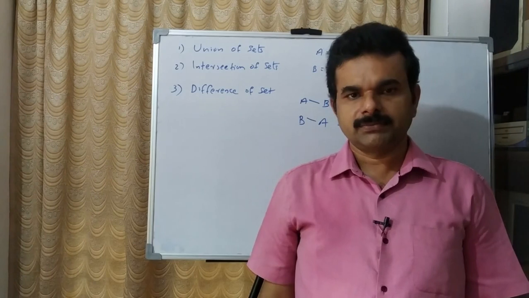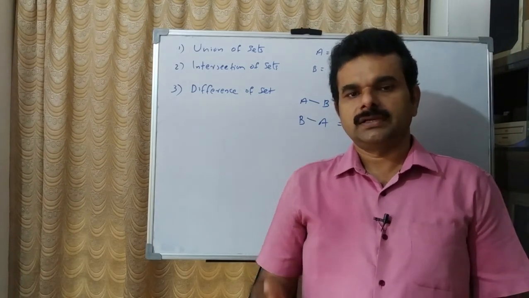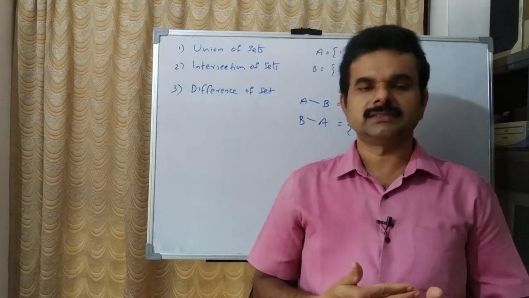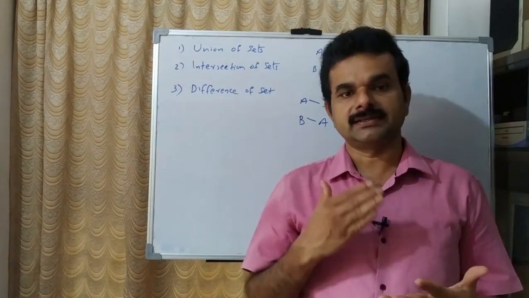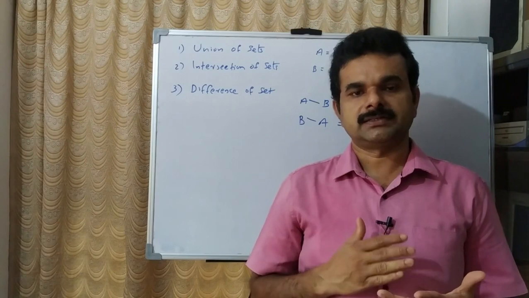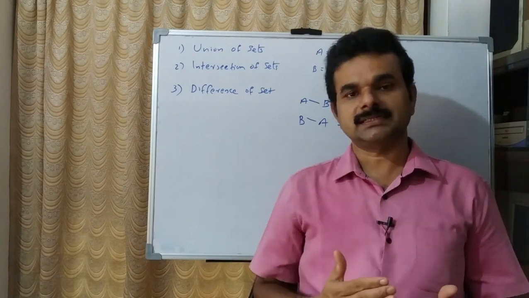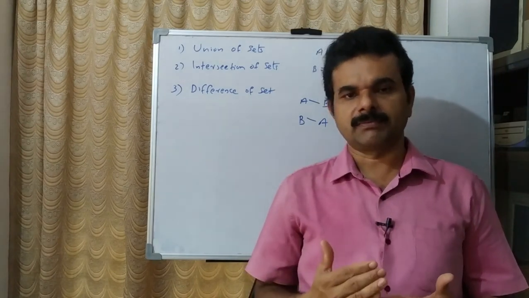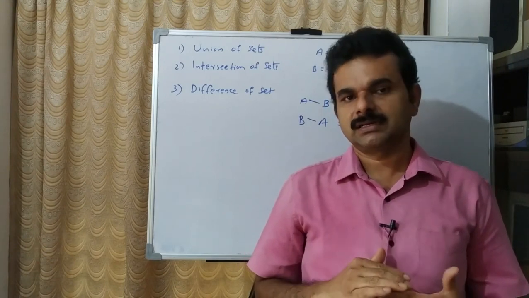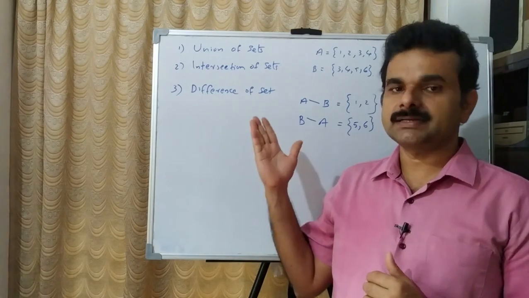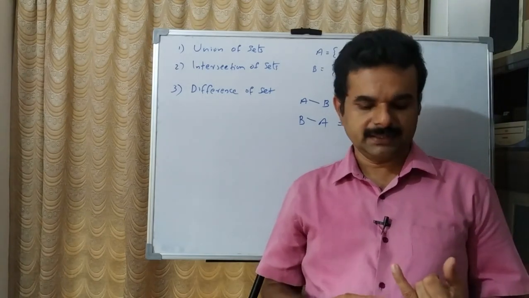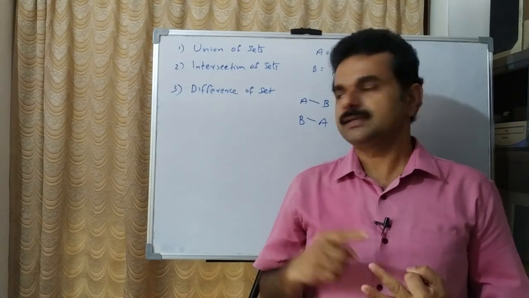So let us wind up this section here. In this class we have learned infinite sets, finite sets, power sets, the property of elements in power sets and its formula, and then operations of sets: union, intersection and difference.